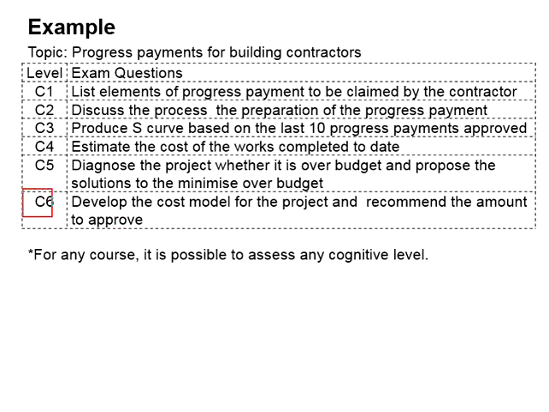Lastly, C6. Develop the cost model for the project and recommend the amount to approve. If you're talking about recommending the amount to approve, most likely it will be C5. What makes it C6 is asking the students to develop the cost model for the project.